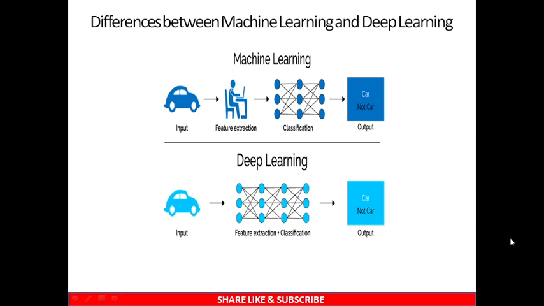With the help of these processes and algorithms, we can predict the input. We are just giving the input in multiple forms, be it text, image, or audio, in any form. Deep learning has feature extraction as well as classification algorithms combined. So with that we can determine whether the input is a car or not.